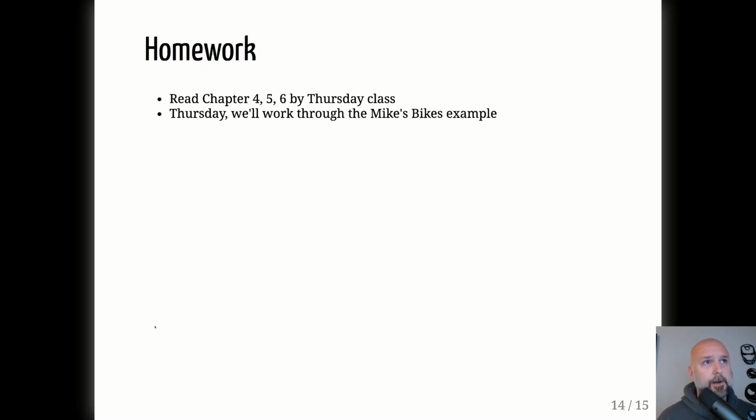And I'm never going to quiz you on this process stuff to the T as in this book. I probably won't quiz on anything about this. But this is the part of the job that technical folks tend to overlook. Right? We want to jump in and say, here's a database.